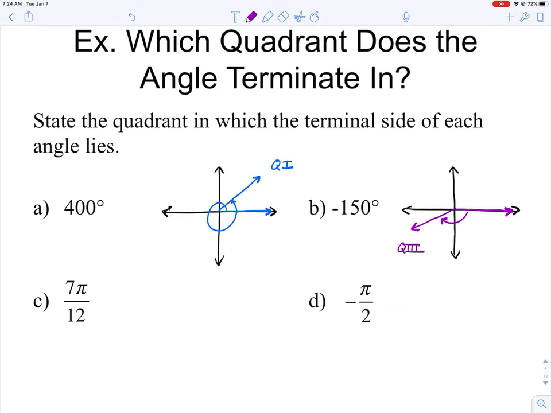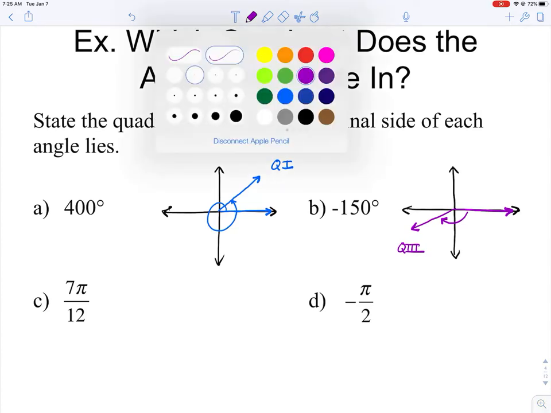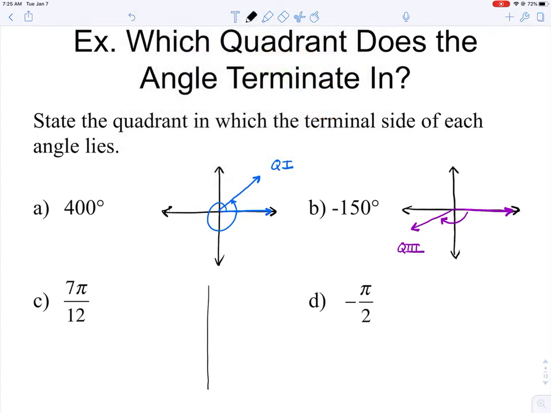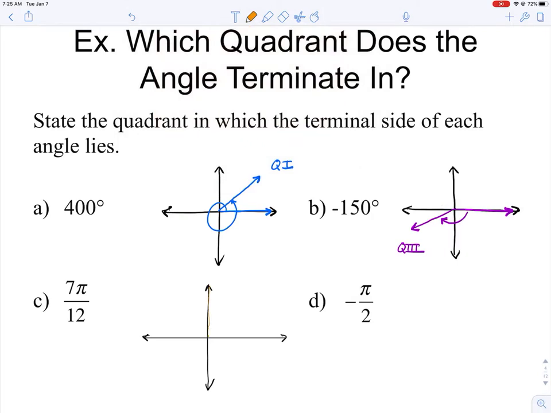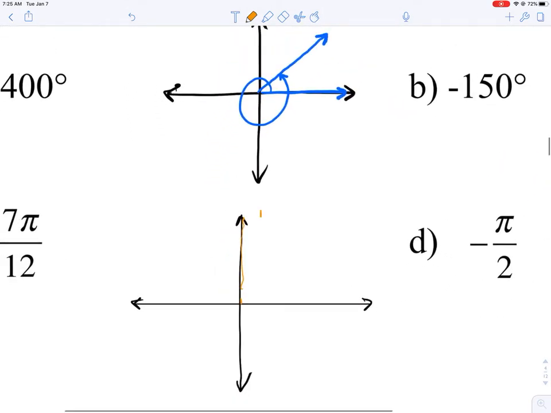7 pi over 12, well, that's not an angle that's on the unit circle. Neither was 400, but 7 pi over 12 is in radians. There's no degree symbol, so that's how I know that it's in radians. And for determining where 7 pi over 12 terminates, I know that pi over 2 can also be written as 6 pi over 12.